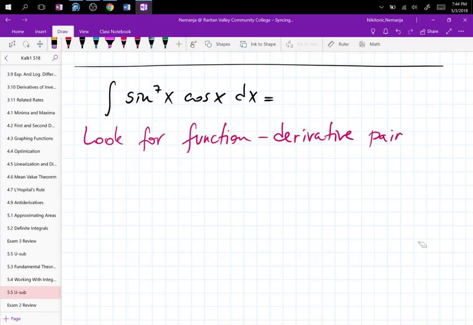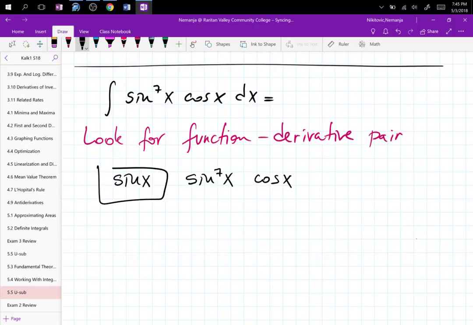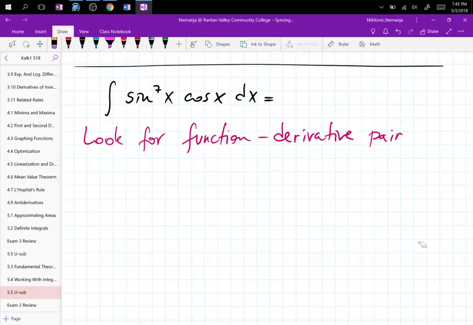So now if I want to apply this approach to the problem above, what are the functions that I have? Well, I have just sine x, I also have sine to the 7x, and I have a cosine x. Do I have a function derivative pair? The answer is yes. If sine is a function, its derivative is cosine. So it's very simple to come up with this stuff.